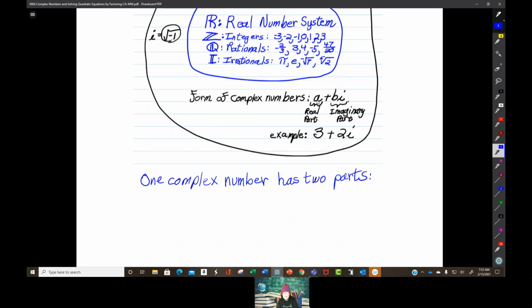The formula is a plus bi. A is the first part, it's called the real part, and it's a number like 3. And bi is called the imaginary part, and that's not because it's imaginary, but because back in history, a lot of mathematicians thought that these numbers didn't exist because they weren't in the real number system, so they were called imaginary. It was kind of a put down.